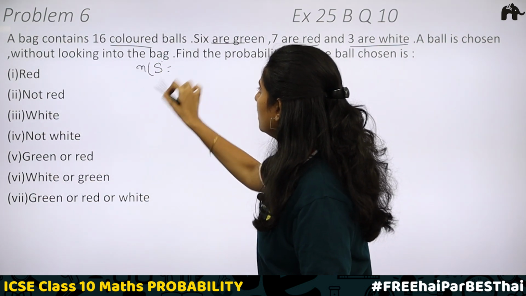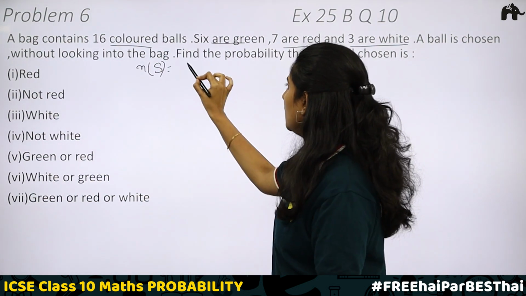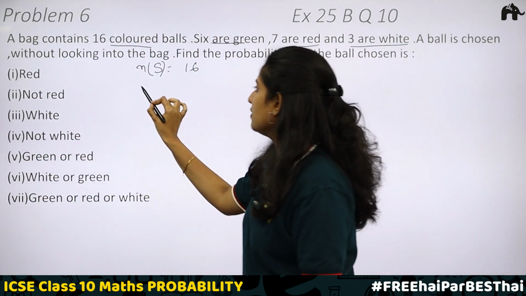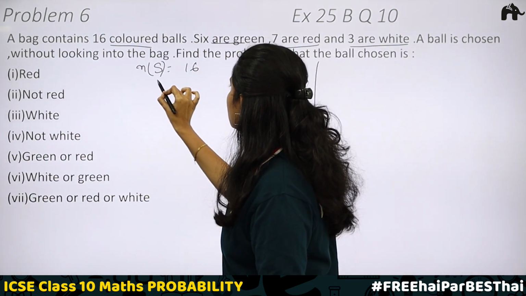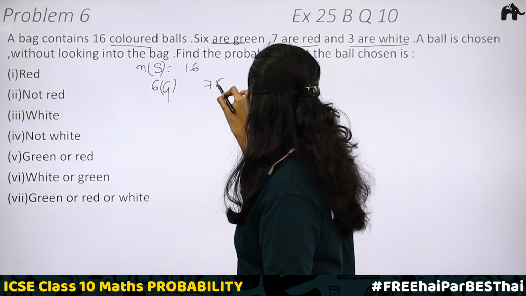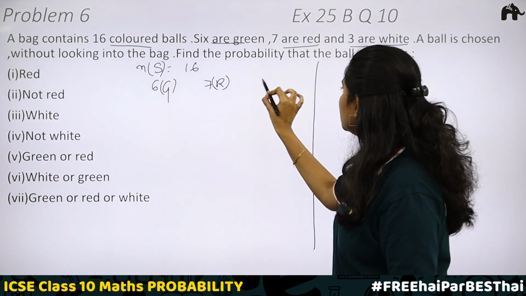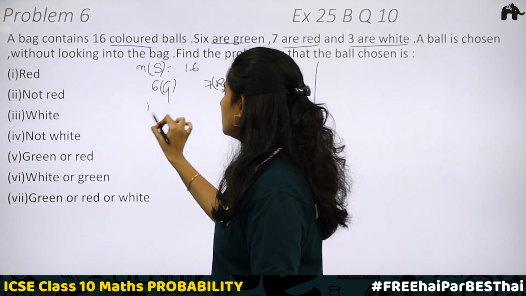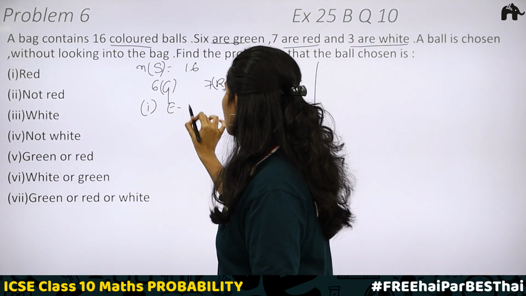Therefore, the total number of outcomes will be equal to all the 16 balls. Okay, now take the first case. So here we are having 6 green balls, 7 red balls and 3 white balls. The first event is, it should be a red ball.